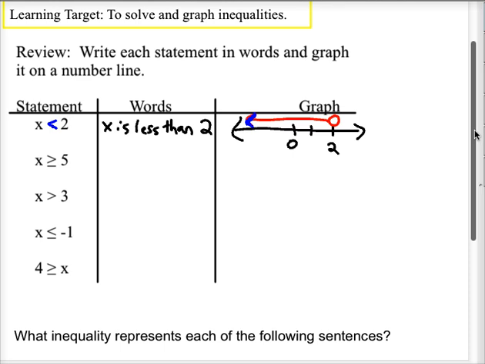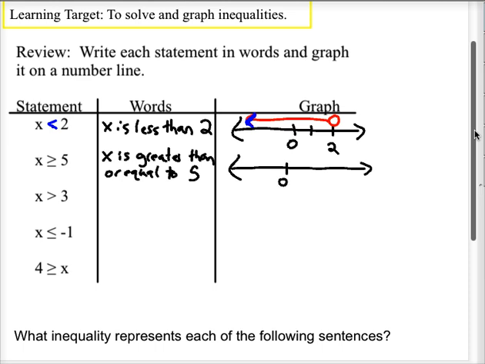All right, our next one. X is greater than or equal to 5. So that's how we would express that one in words. Now, what does it look like in terms of the graph?